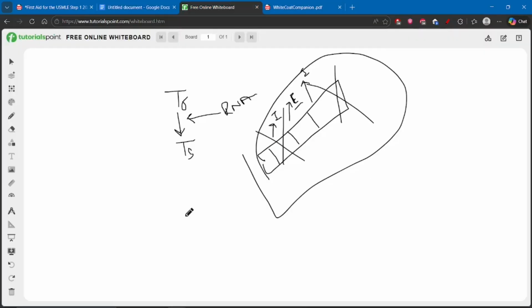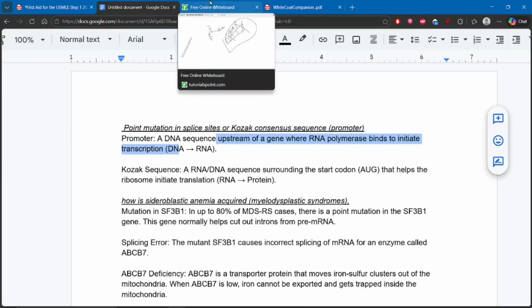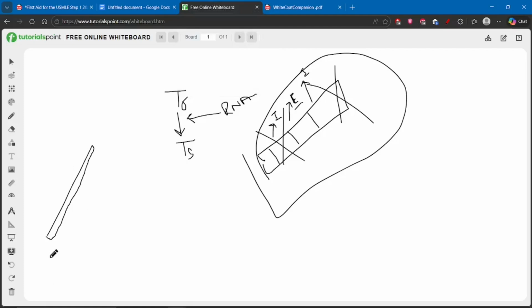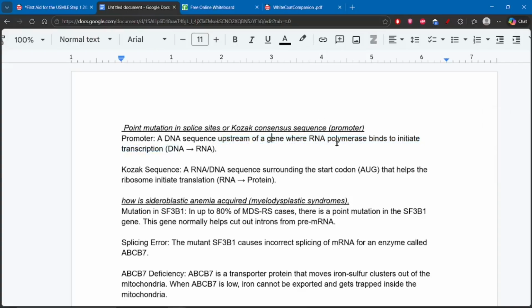So if this is a complete chromosome gene, there's going to be a DNA sequence somewhere where the RNA polymerase binds and starts the transcription process. It's just a place for the RNA polymerase to bind and initiate the formation of RNA from DNA.